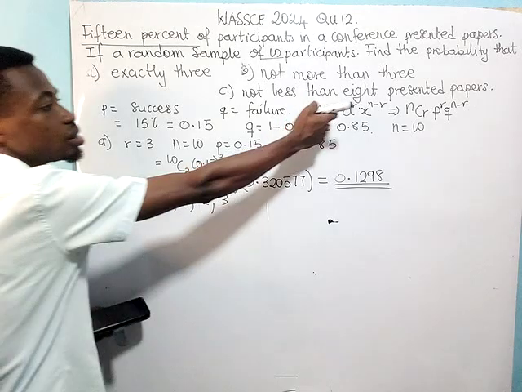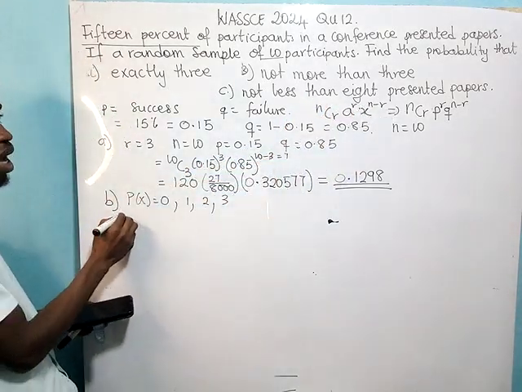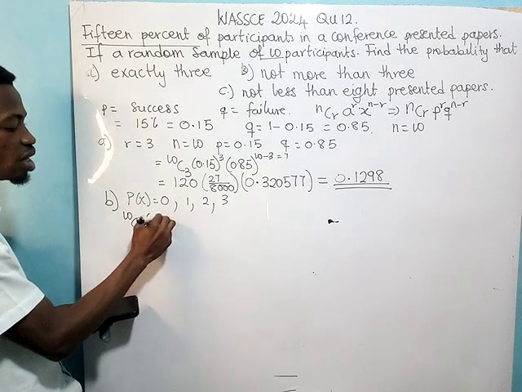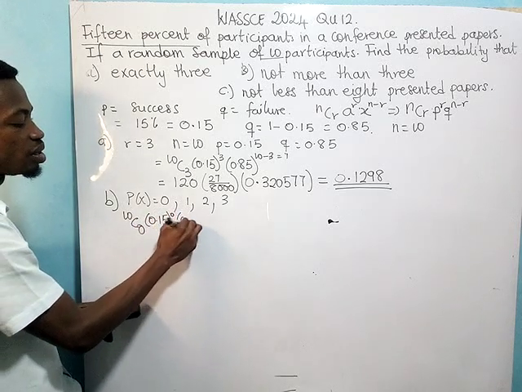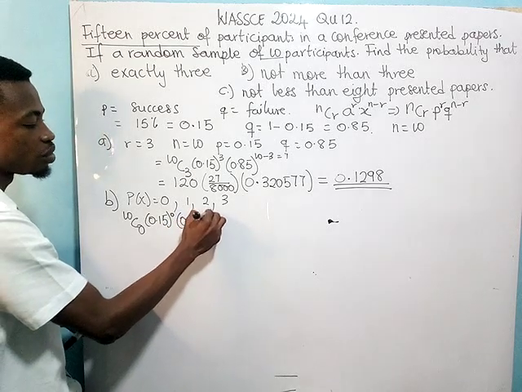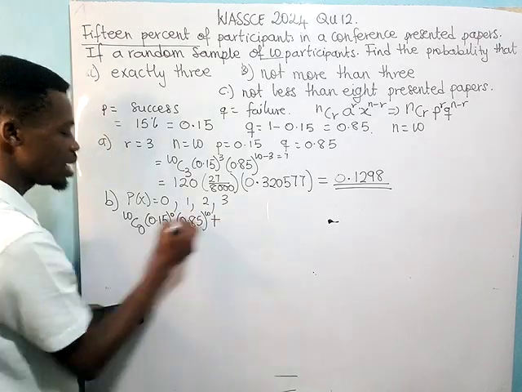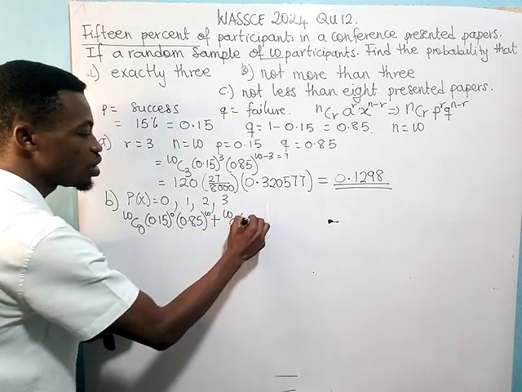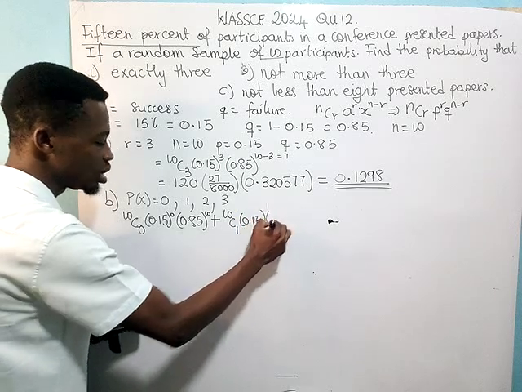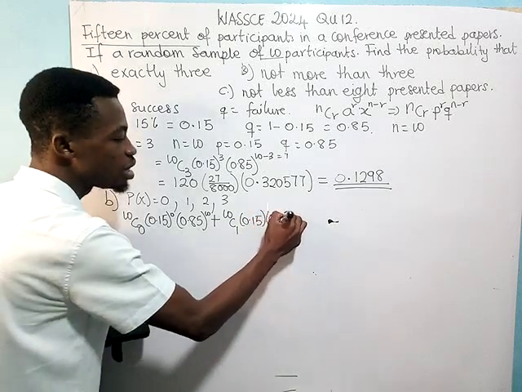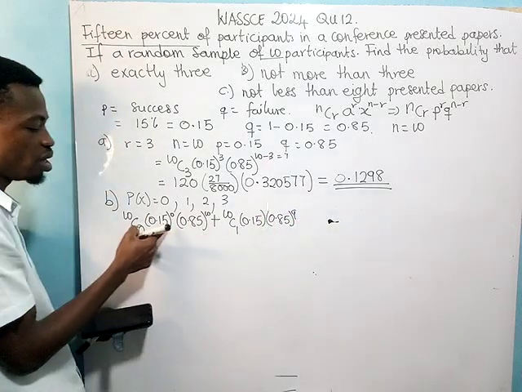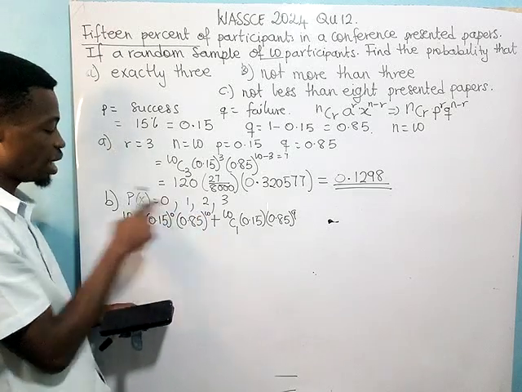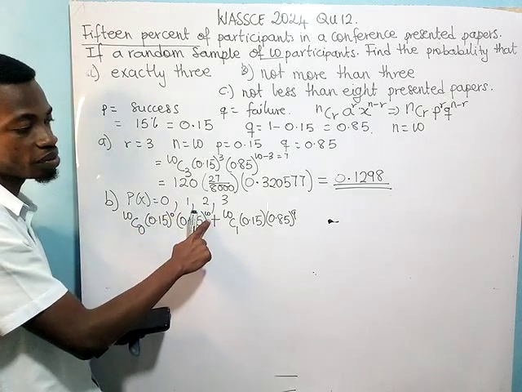We start with our formula: 10 combination 0, 0.15 to the power 0, then 0.85 to the power 10, adding up to 10 combination 1, 0.15 to the power 1, then 0.85 to the power 9. Remember, we always subtract r from n to obtain the exponent of q.